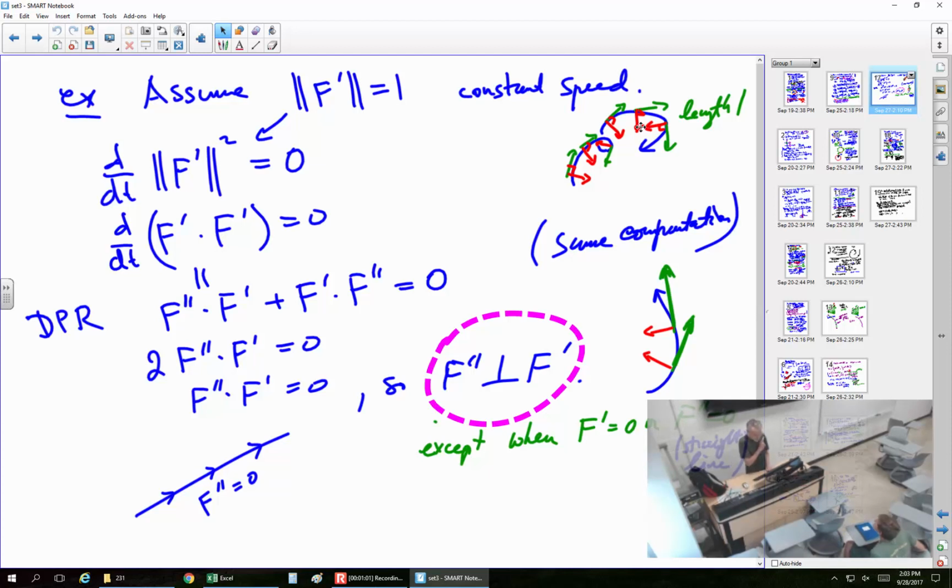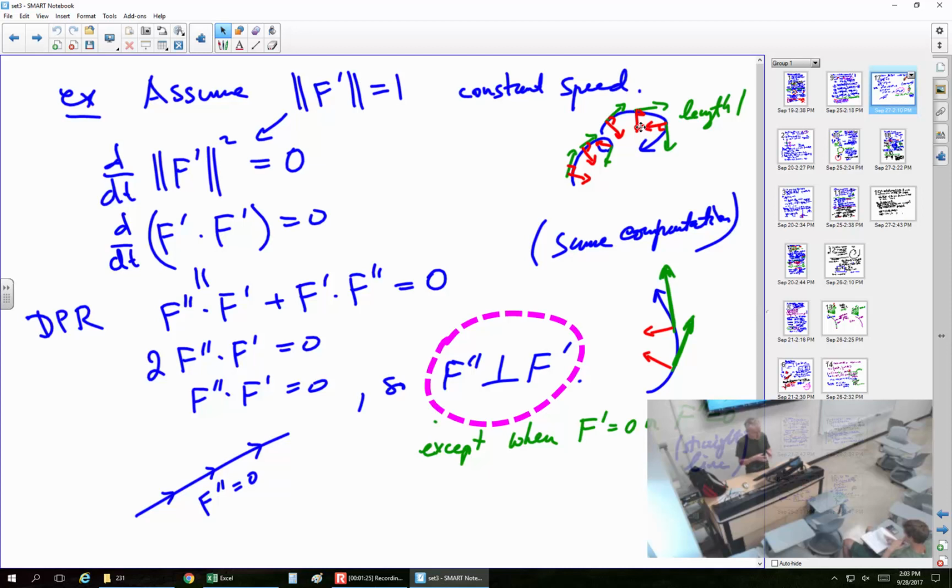Why is this formula, in this picture, so important? Why is the perpendicular relation so important?